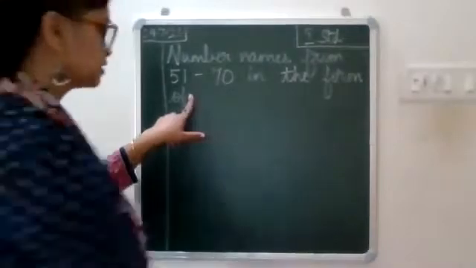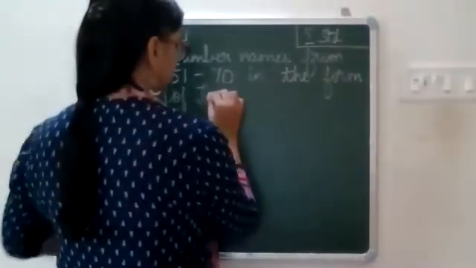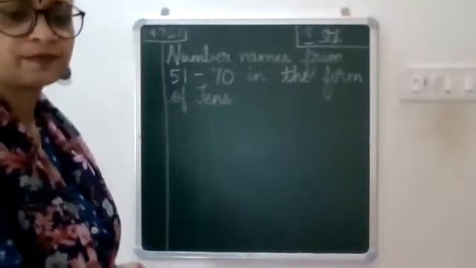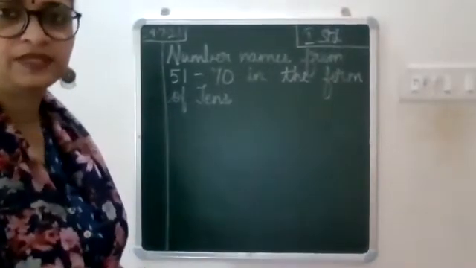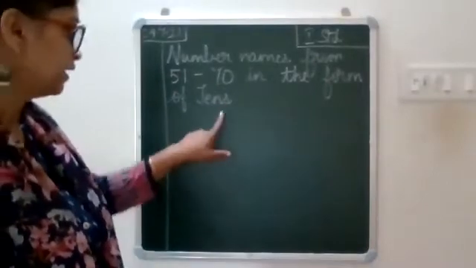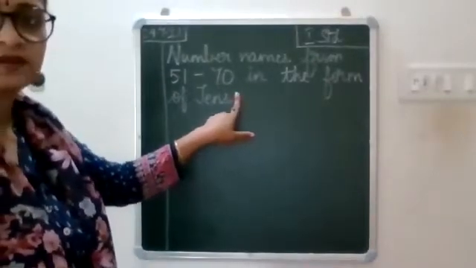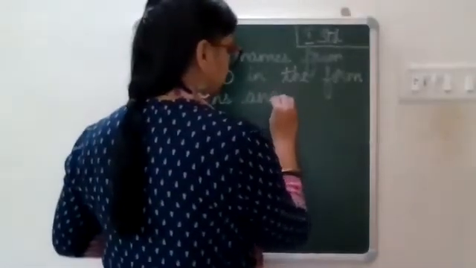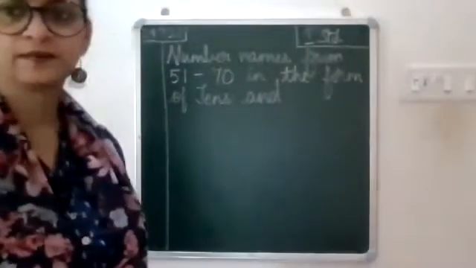Leave a finger space. Write down capital T-E-N-S, Tens. Leave a finger space. Write down A-N-D, And.